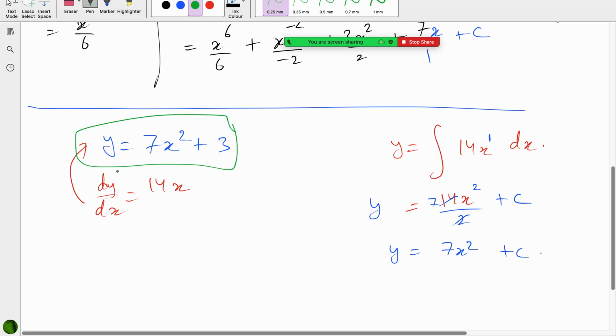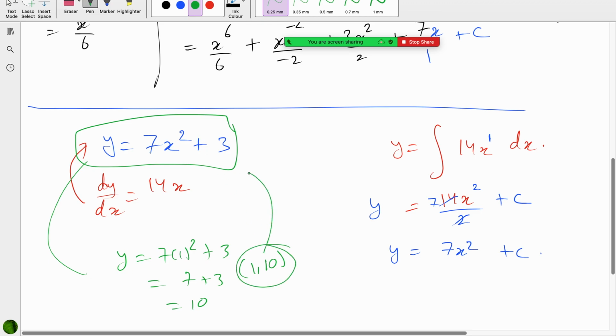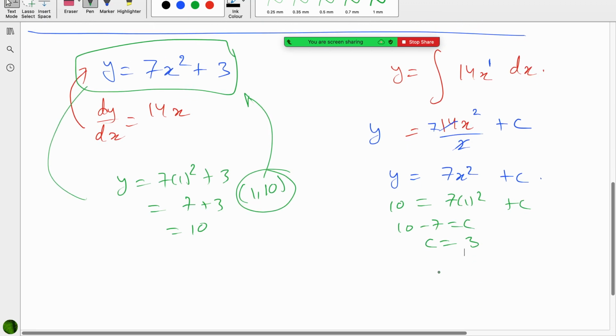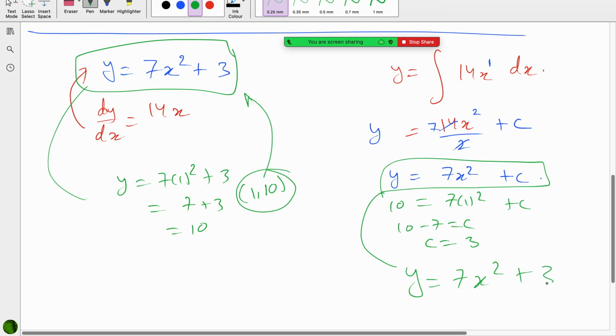So let me say when x is 1, y is 10. Do you agree? The point (1, 10) lies on this curve. So we know when y is 10, x is 1, and we can solve for c. So your final equation is, plugging in the value of c, y equals 7x squared plus 3.